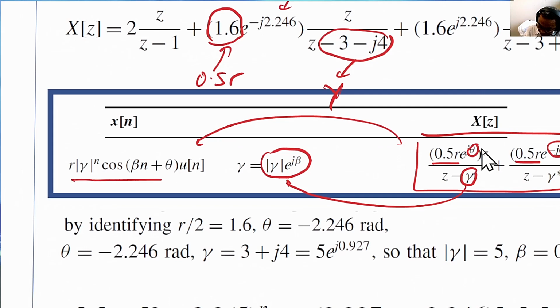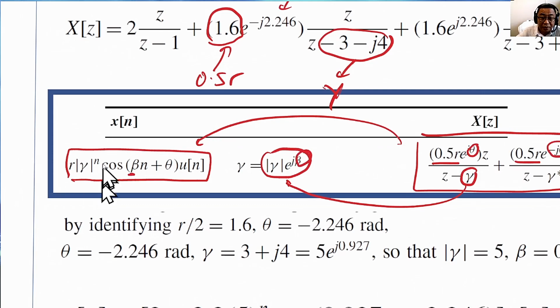Together you can substitute into this equation here. You are not required to solve for this equation. We can use a lookup table unless the question asks you explicitly to identify why this x of n will produce this X of z. So let's substitute.